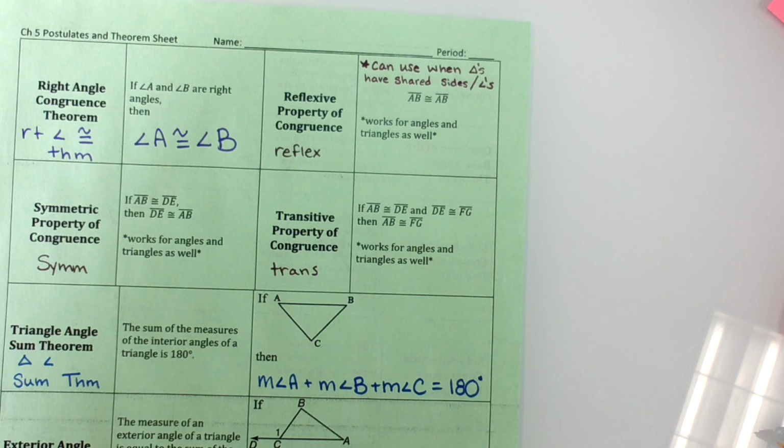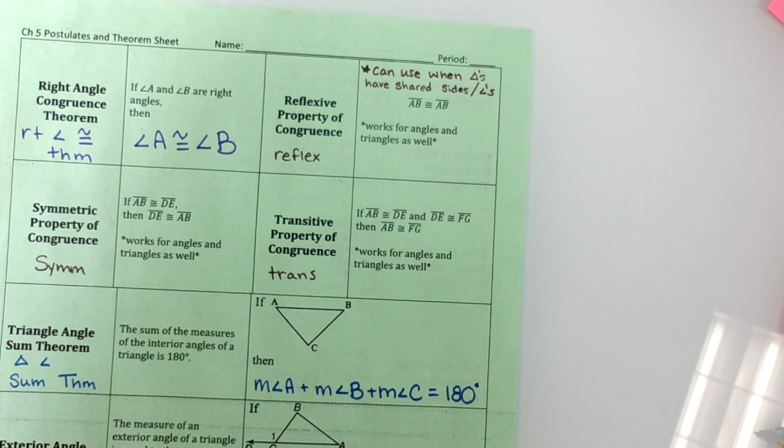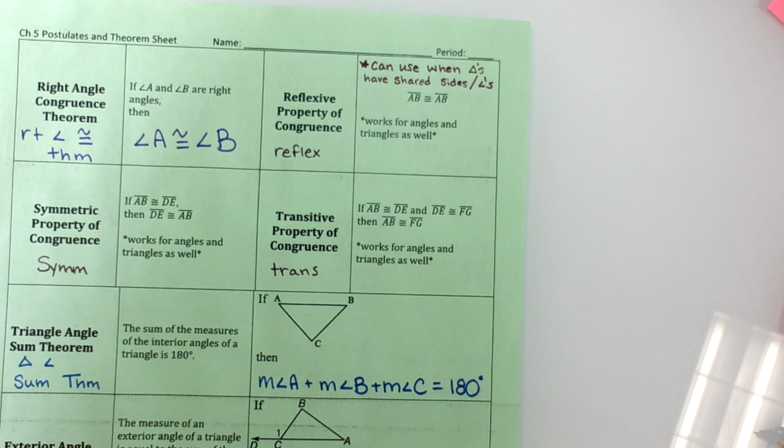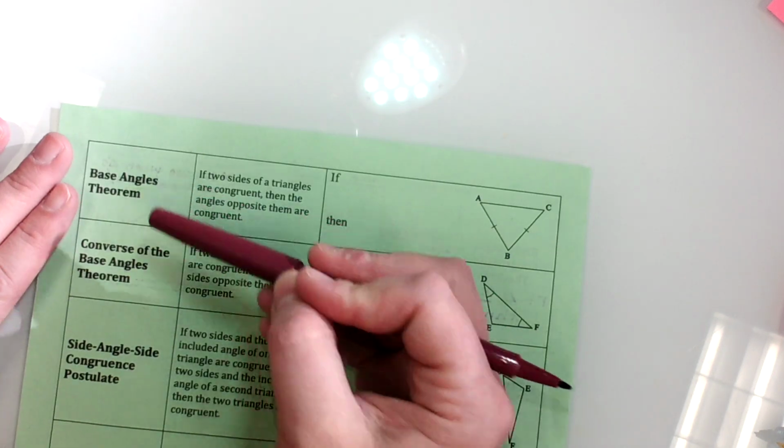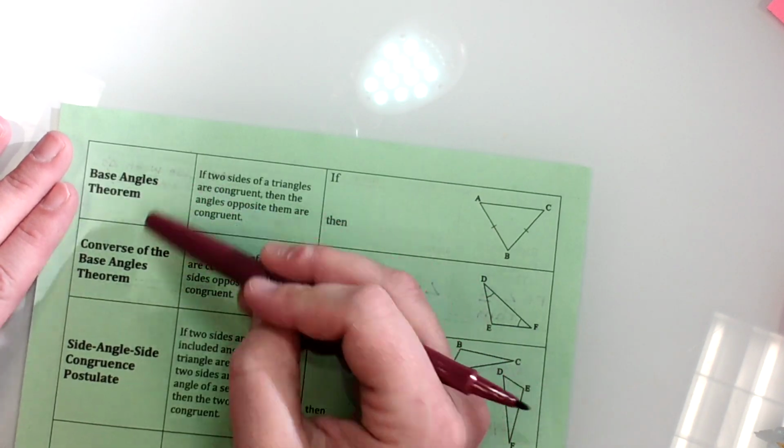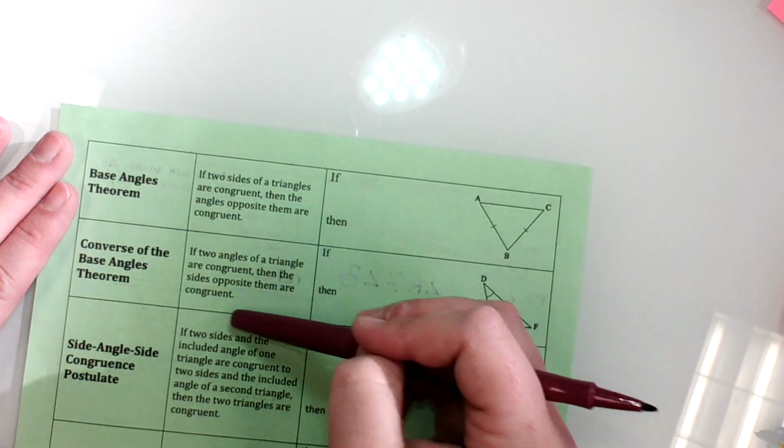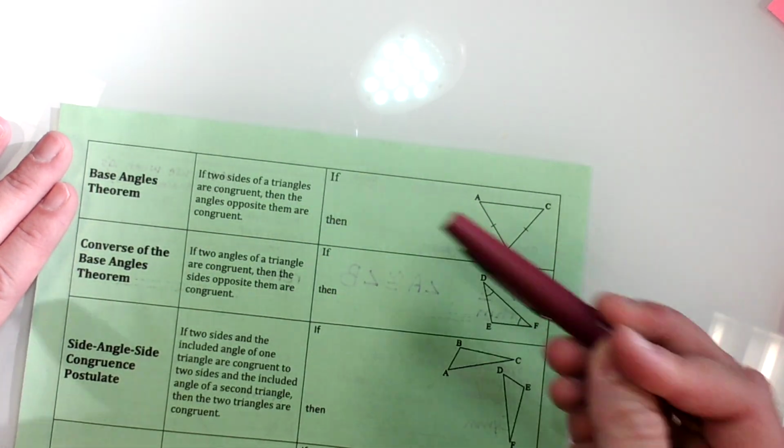There's one other thing on the postulate sheet that we are going to add today on the other side, though. And it was the main postulate that we used yesterday, and it was the side angle side congruence postulate. Now, base angles and converse of base angles theorem, we've done both of those. I'm not writing them in, you can write them in yourself.